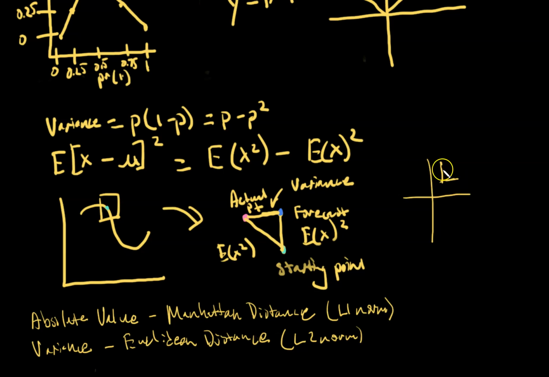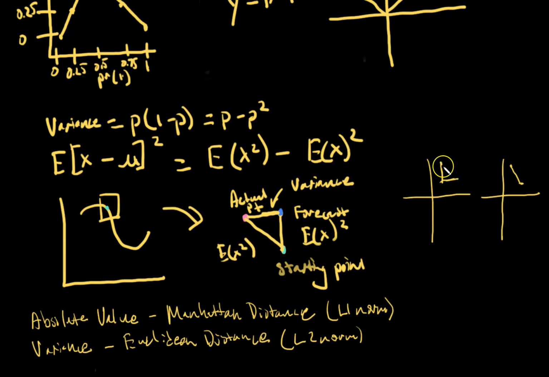You can only go up or down, or left or right. Whereas with the Euclidean distance, if you have 2 points like this, you can go diagonally, whereas with the Manhattan distance you cannot. And this kind of makes sense in the context of what we had discussed.